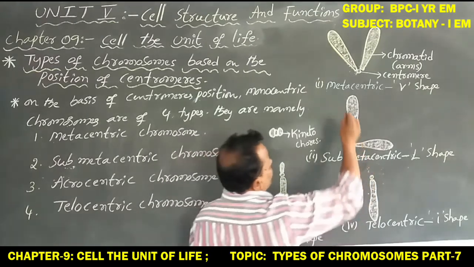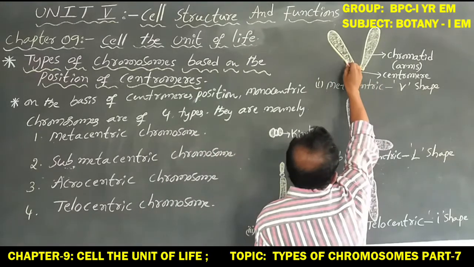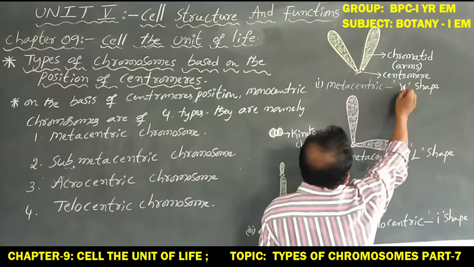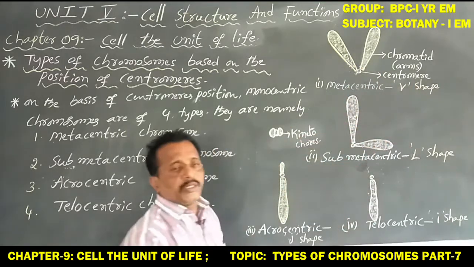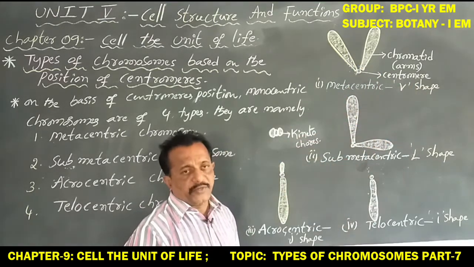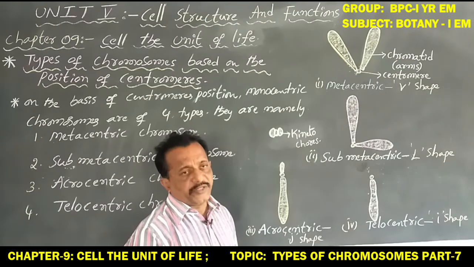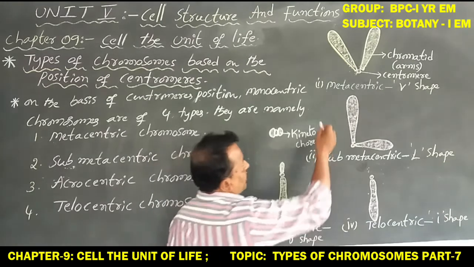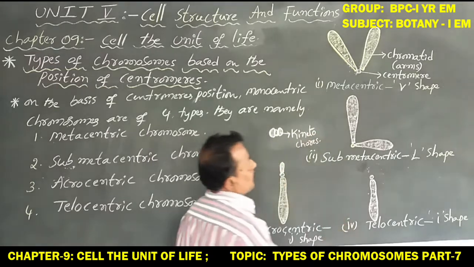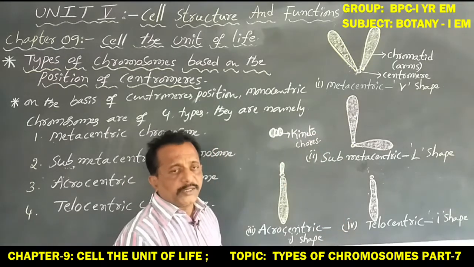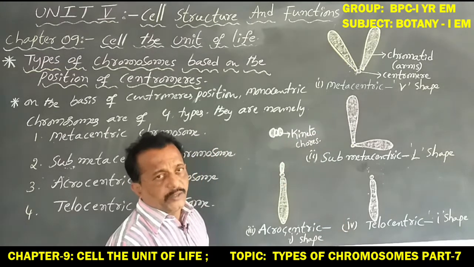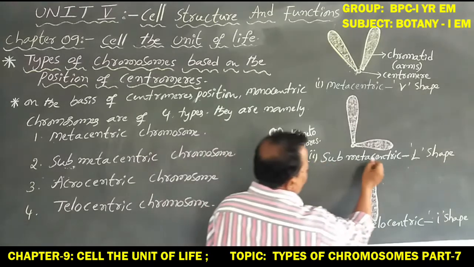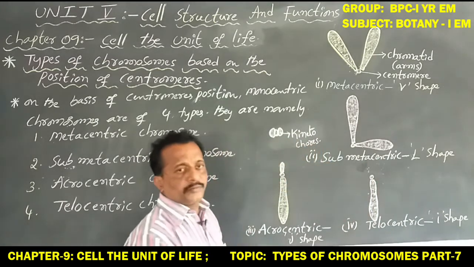So the chromatids of metacentric chromosomes appear V-shaped during anaphase. That is known as a metacentric chromosome.